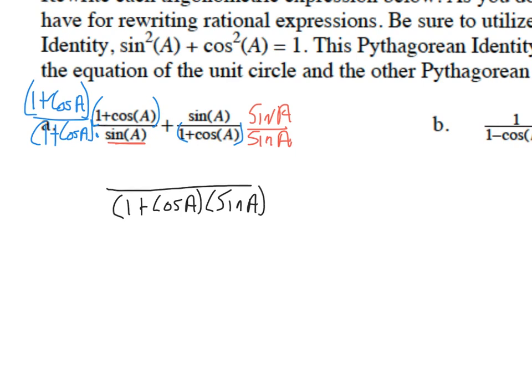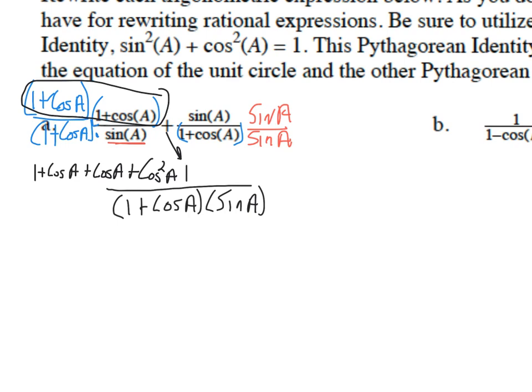My numerator, so now let's multiply all of this together, and I'm going to get 1 plus cosine a plus cosine a plus cosine squared a.